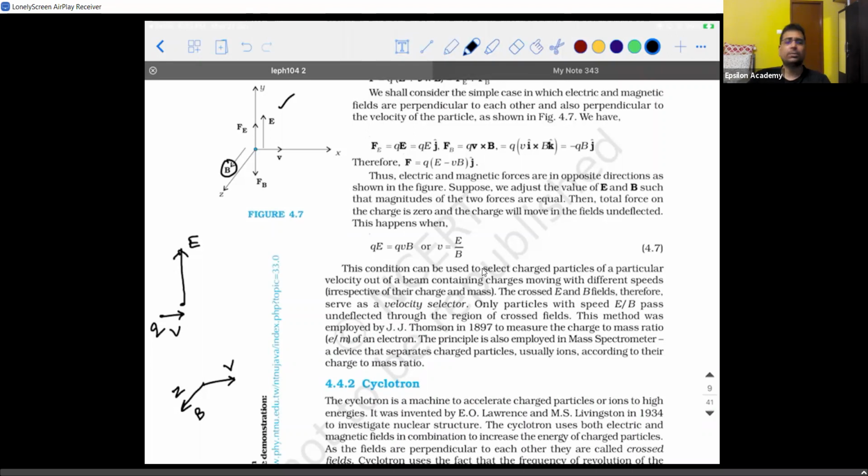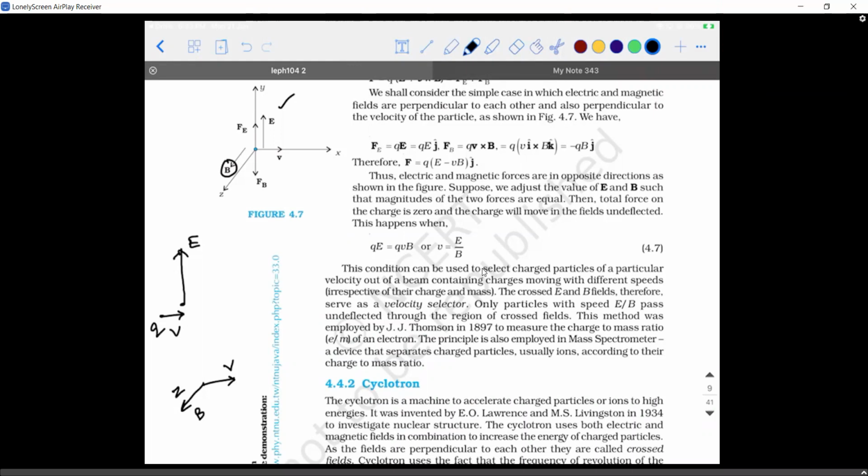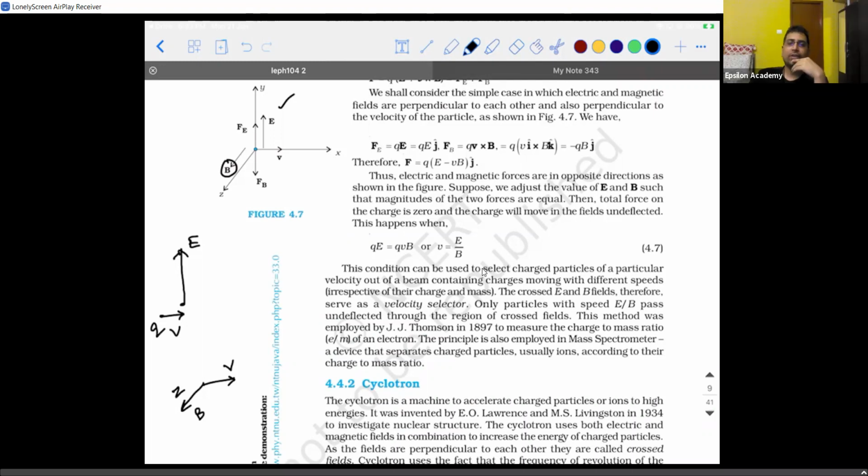Guys, I asked a very simple question. What is the direction of the magnetic force due to the existing magnetic field in the Z direction and the velocity in the X direction? The force will be towards the magnetic field, sir? It cannot be towards the magnetic field because you're doing a cross product.